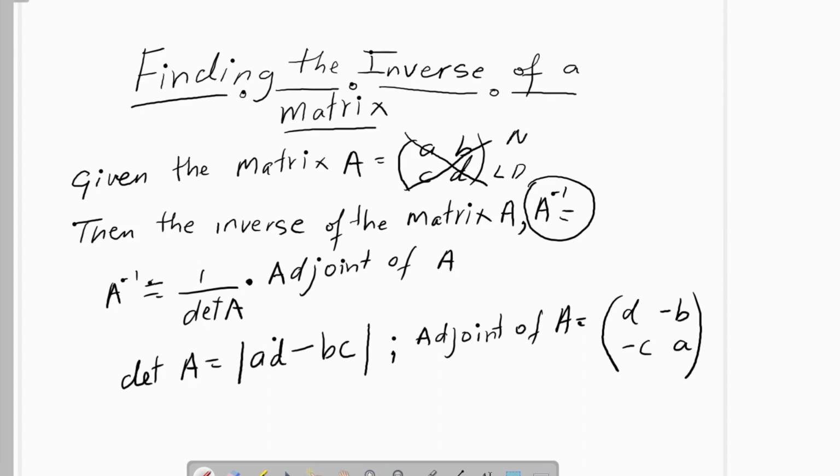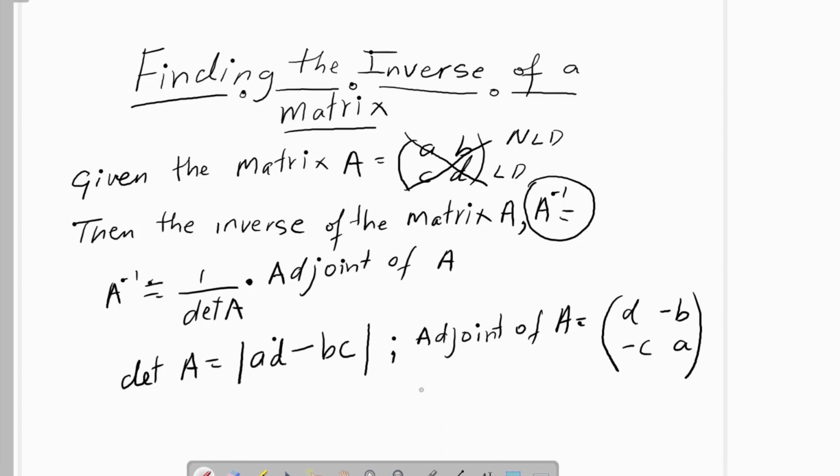Therefore it is AD minus BC, and we use straight brackets whenever we are finding the determinant, to signify the magnitude. So it's A times D, the product of the leading diagonal, minus the product of the non-leading diagonal, which is BC.